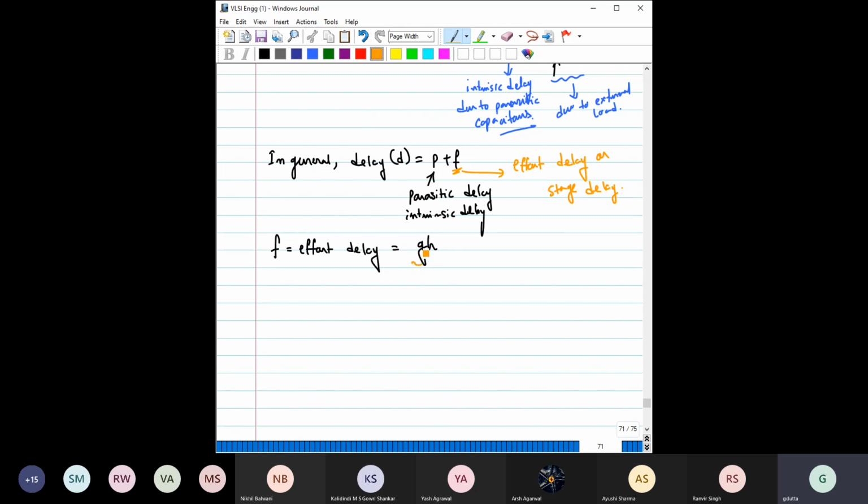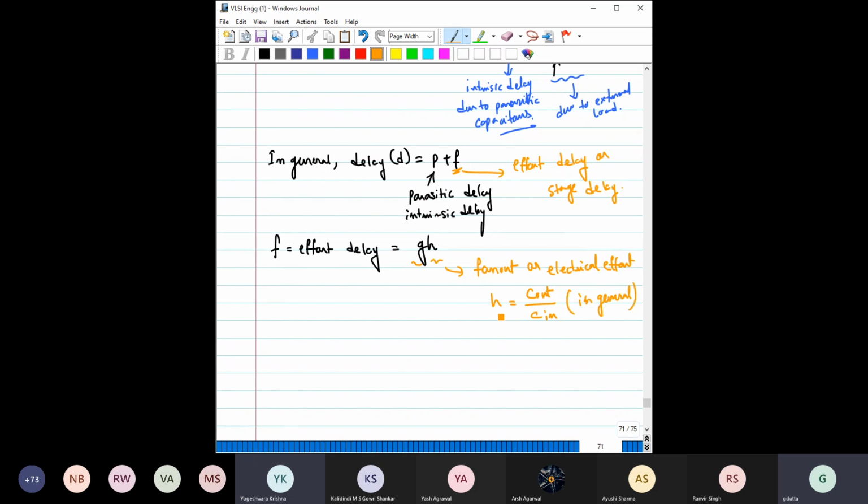Before we go to G, we will see what is H. H is the fan out, or it is also called electrical effort. This H can be written in general as C out by C in.